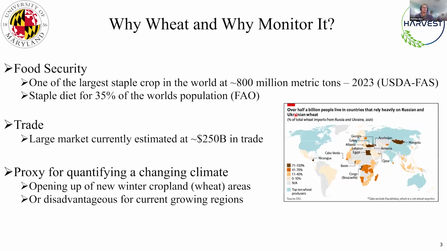So why monitor it? I know this was covered yesterday, but I want to get more specific about why monitor it in certain countries. It is one of the largest staple crops in the world. When we talk about remote sensing, we need to think of ourselves as looking from a bird's eye view, right? What does that mean?